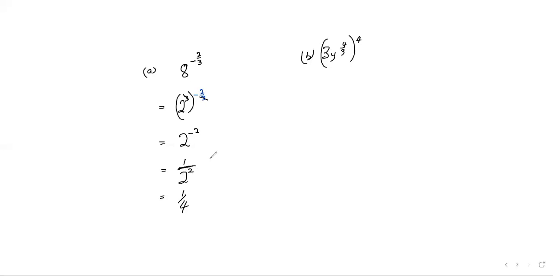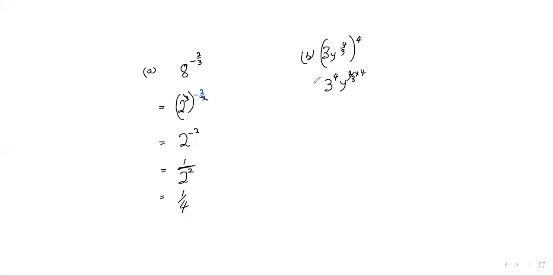Let's have a look at number B there. Number B there will give us 3 to the power of 4, y to the power 4/3 times 4, because we have exponent 1 here.